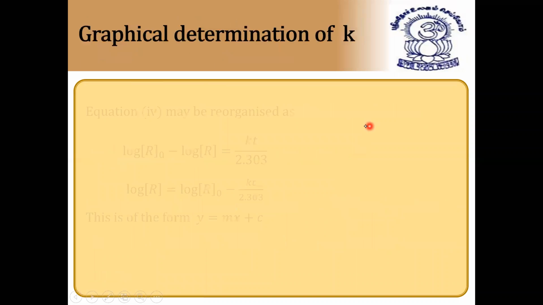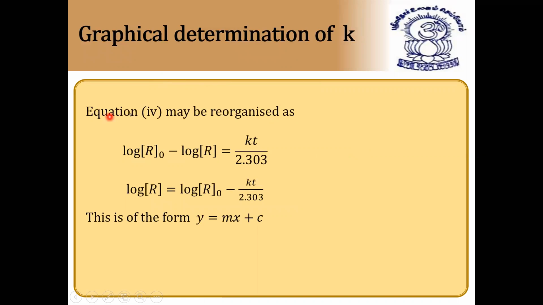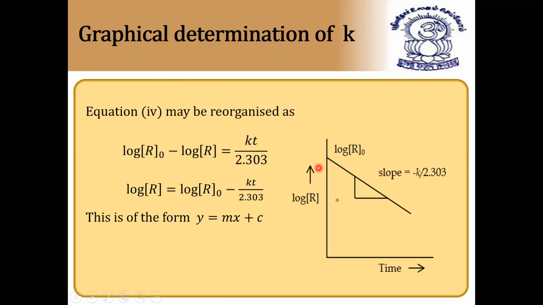Next, graphical determination of k. Equation 4 may be regarded as log of R naught minus R, so you will get a graph y is equal to mx plus c. This slope is important. So this is a graph of first order kinetics, log concentration of R with respect to time. These graphs are very important. They'll ask graphs in the examination. Which of the following graphs represents first order kinetics? Which of the following graphs represents zero order kinetics?